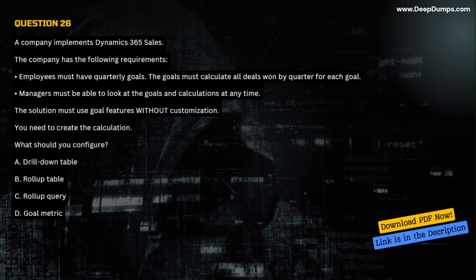The solution must use goal features without customization. You need to create the calculation. What should you configure? A. Drill down table. B. Rollup table. C. Rollup query. D. Goal metric. Correct answer C. Rollup query.